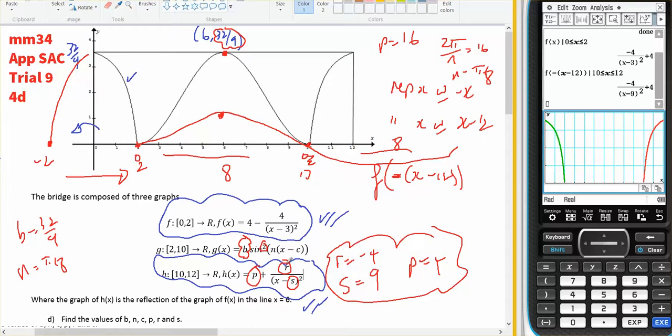And C has to equal 2 because I've moved across 2 units. So what I'm looking at is 32 on 9 sine squared of pi on 8 times x minus 2 should be the rule that fits in there.